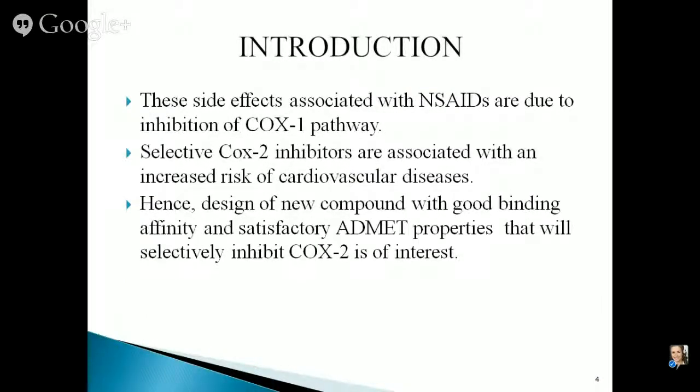These side effects associated with non-steroidal anti-inflammatory drugs are due to inhibition of the cyclooxygenase 1 pathway. However, selective cyclooxygenase 2 inhibitors are associated with an increased risk of cardiovascular diseases. Hence, design of new compounds with good binding affinity and satisfactory ADMET properties that will selectively inhibit COX-2 is of interest.